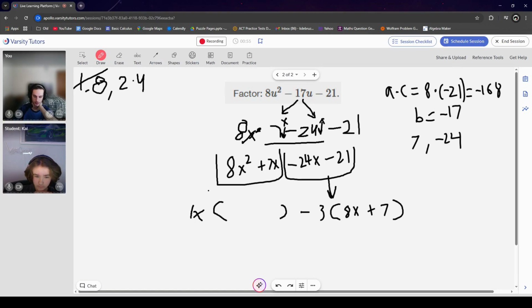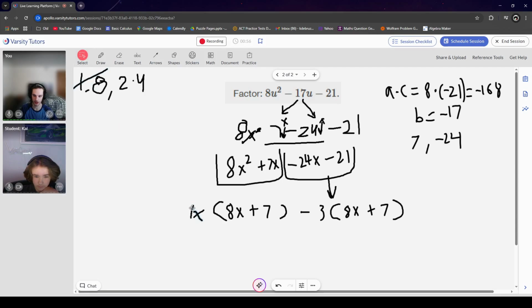And then what do we write in the parentheses? Yep. So I'm going to write it out. So it's going to be 8x plus 7.